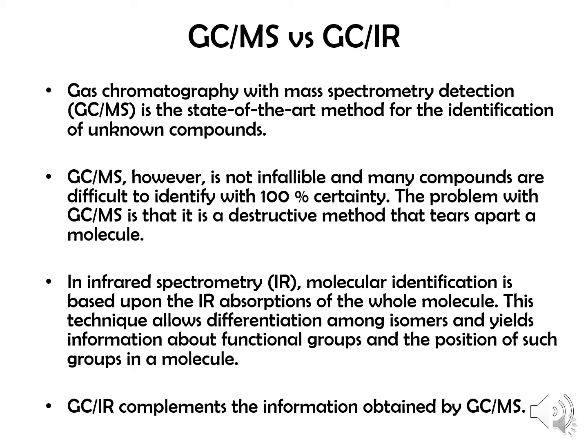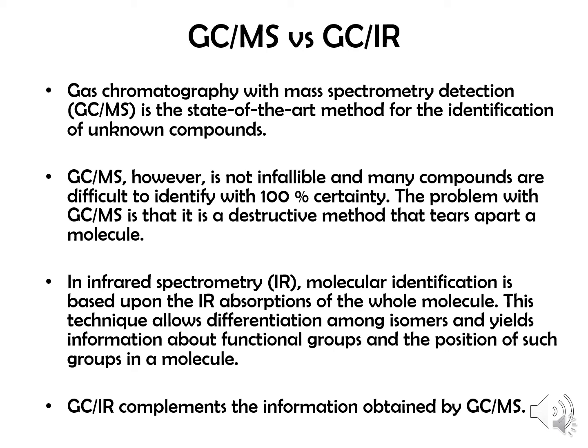So you're not looking at the whole molecule, you're looking at the pieces of the molecule. In infrared spectrometry, molecular identification is based upon the infrared absorption of the whole molecule. This technique allows differentiation among isomers and yields information about functional groups and the position of such groups in a molecule. So GCIR complements the information obtained by GCMS.